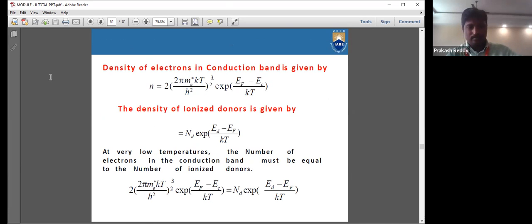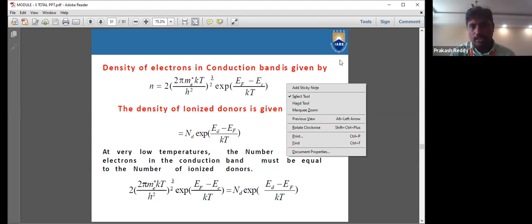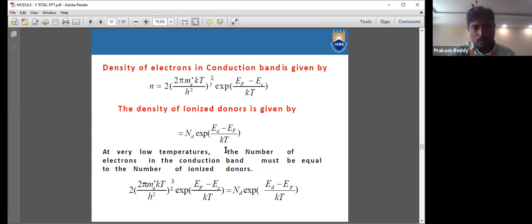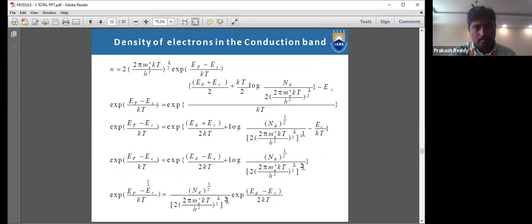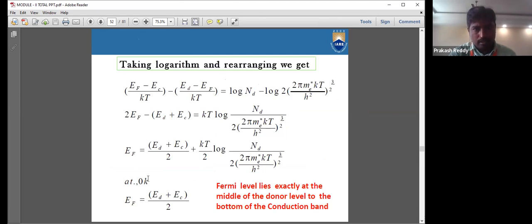This equation gives the number of electrons, and this second equation gives the number of ionized donors. By equating the two, I am going to find the equation for EF. And this is the equation for EF.